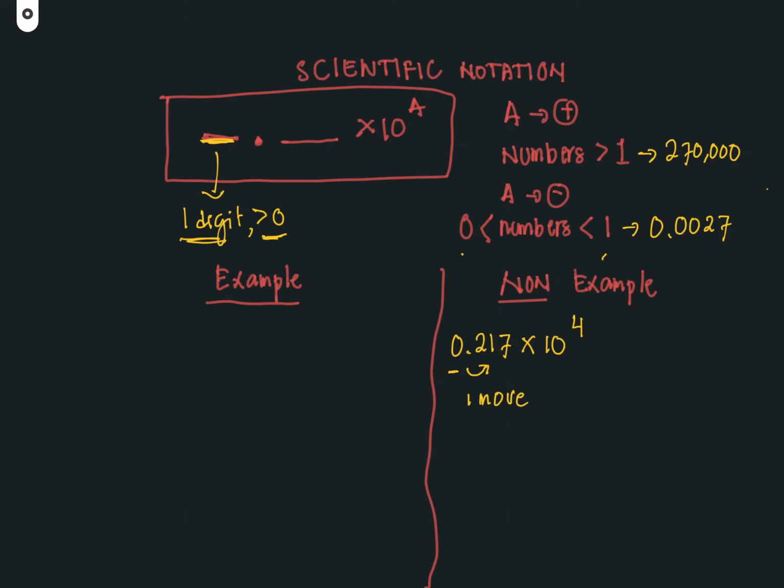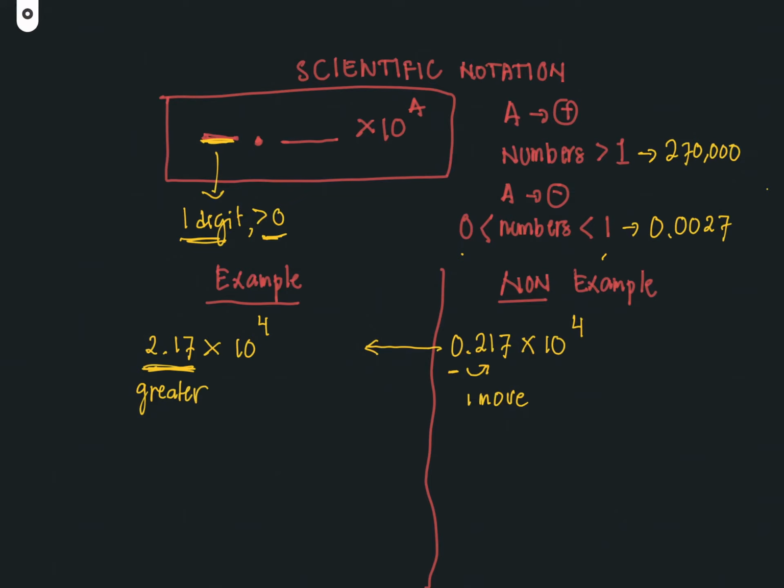So it's going to turn into 2.17 times 10 to the power of, nope, actually it's not going to be 4 because we're changing this part of the number. As you notice, 0.217, the original, now turns into 2.17. This part of the number becomes greater.